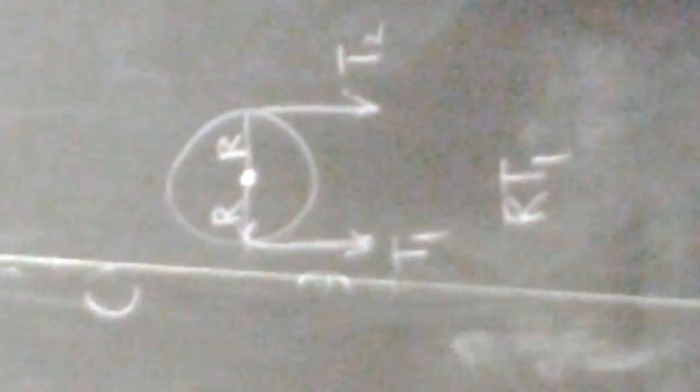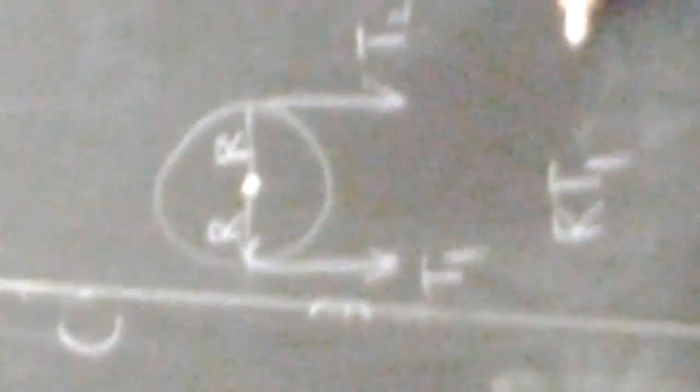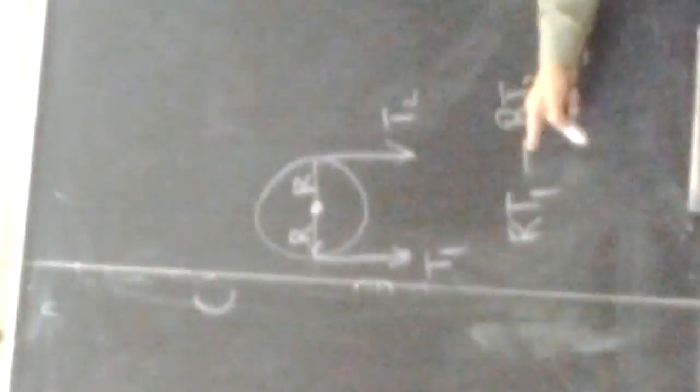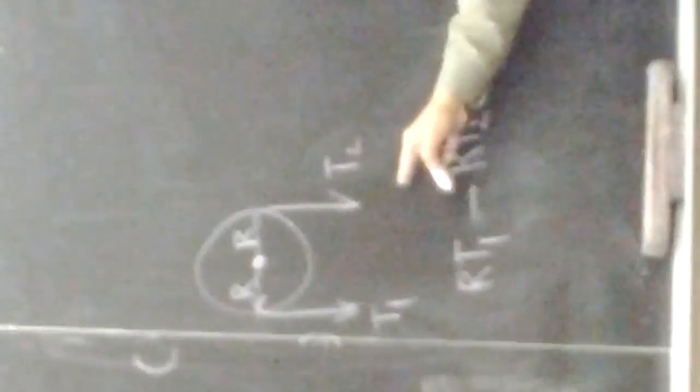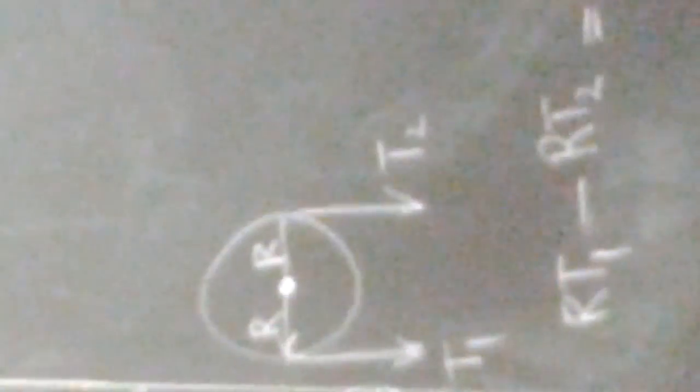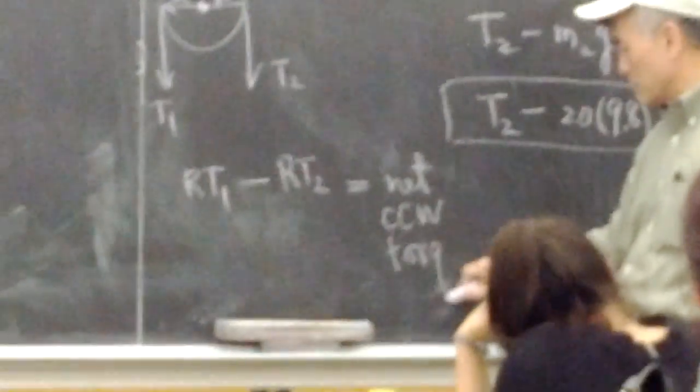Then the counterclockwise torque is T1. The clockwise torque is T2. So if we use a negative sign for the clockwise torque, then this is the net counterclockwise torque. Are we okay there? Yep.